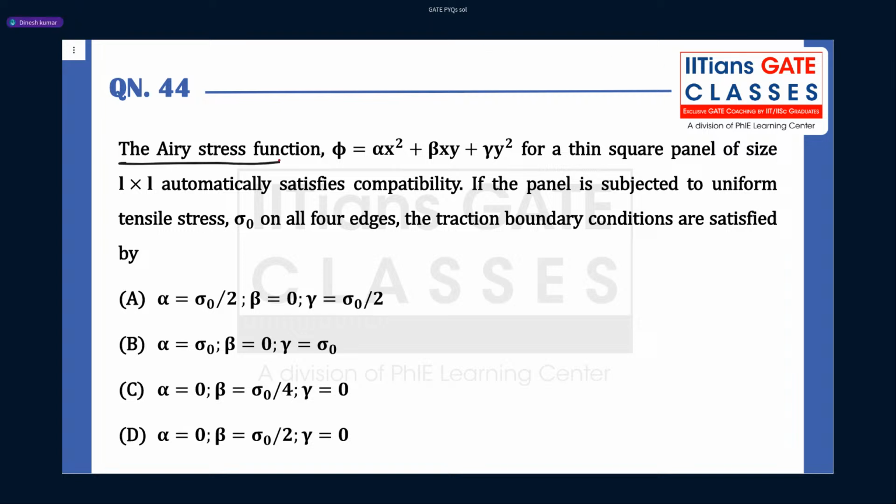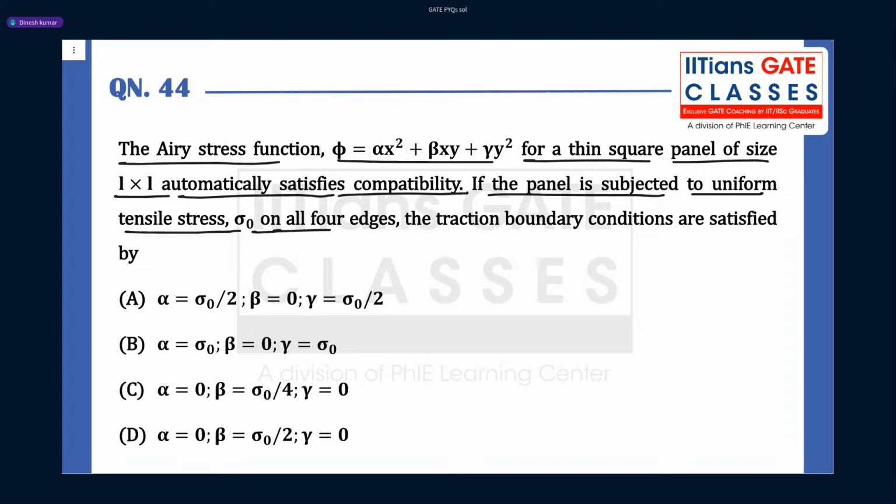The Airy stress function phi equal to alpha x square plus beta xy plus gamma y square for a thin square panel of size L by L automatically satisfies compatibility if the panel is subjected to uniform tensile stress sigma naught on all four edges. The traction boundary conditions are satisfied by.